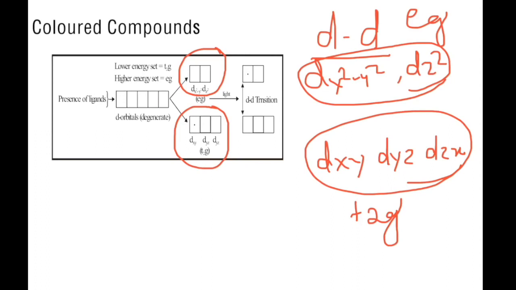Due to the difference in their energy, an electron in the lower energy state, for example in the t2g orbitals, undergoes excitation by absorbing light energy and jumps to eg orbitals.